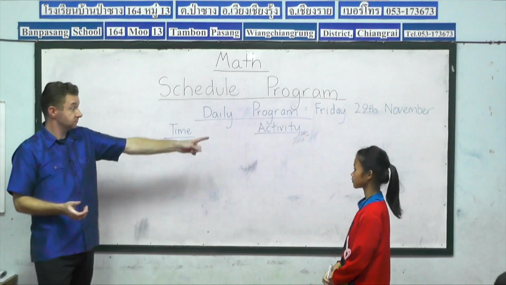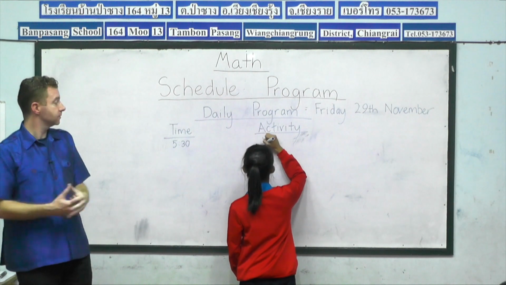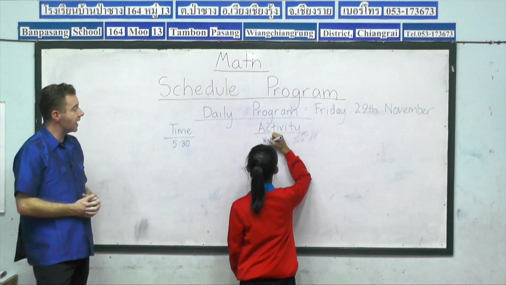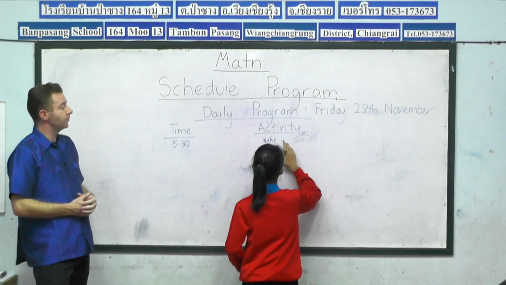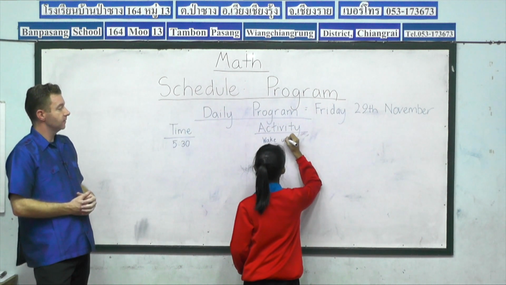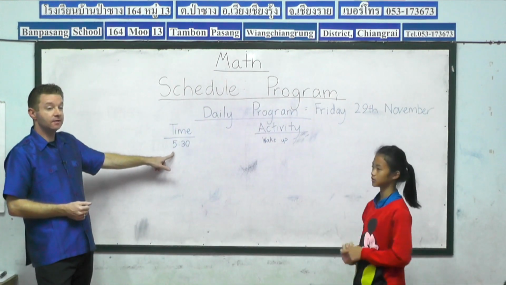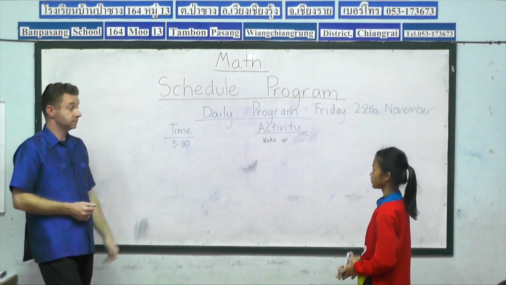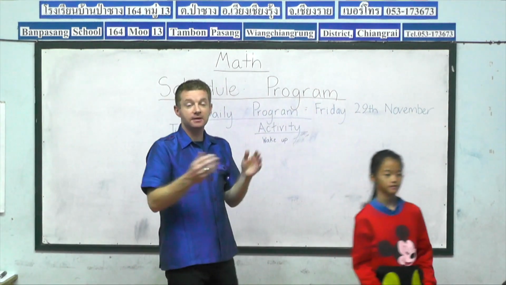Next we need activity, which was wake up. W-A-K-E, and then up. U-P. Perfect. So Down, we've got 5:30. Wake up. Brilliant. That's a great start to the day. Big round of applause for Down, please, guys.